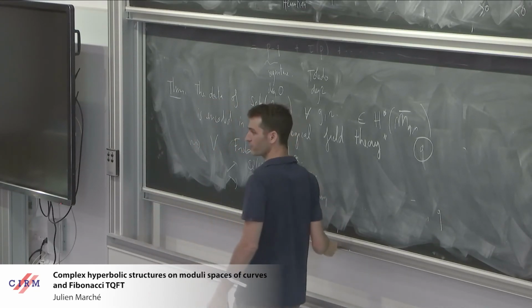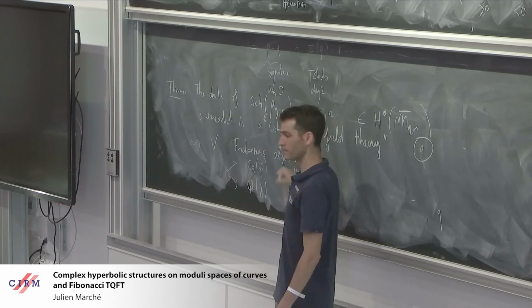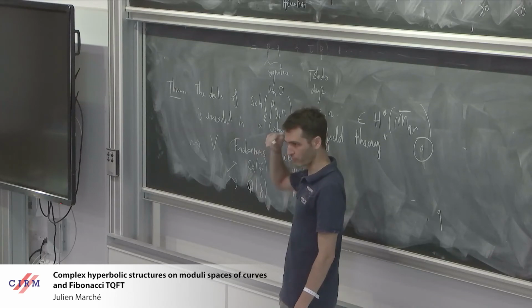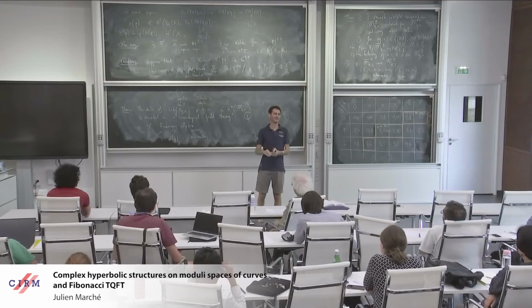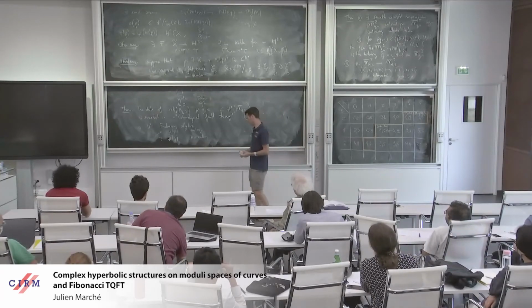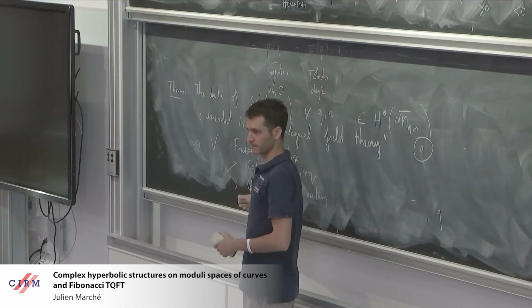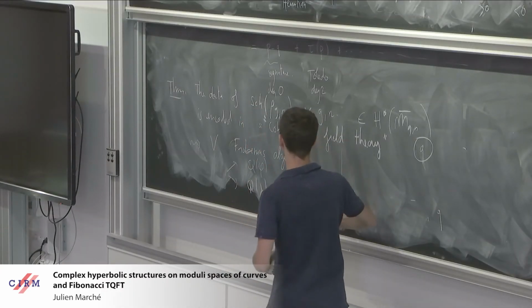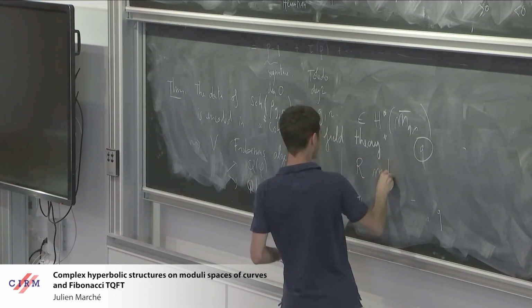So the formulas I gave you for the signature are indeed completely explainable by this Frobenius algebra. The Frobenius algebra is an algebra plus something else, which I don't have time to explain, not very complicated, but it gives exactly the formula for the signature. And you have an extra thing, which is the R matrix.